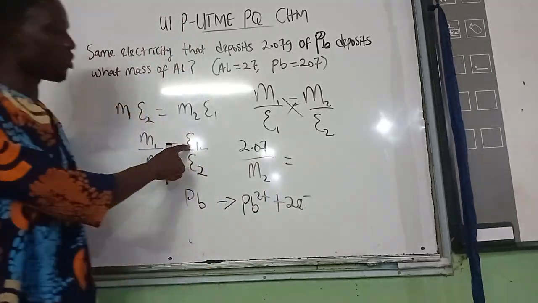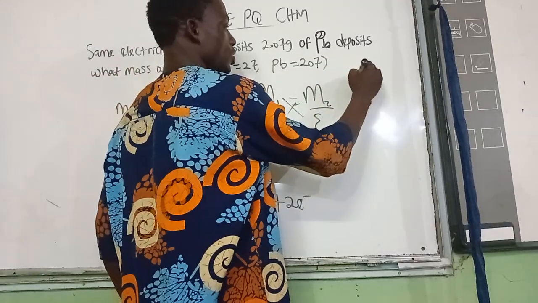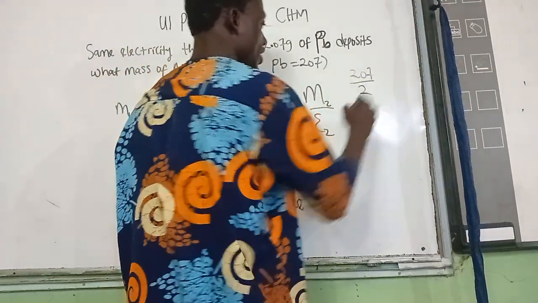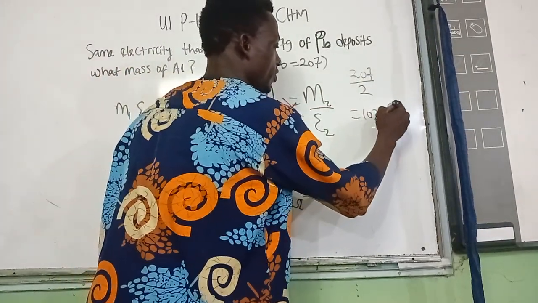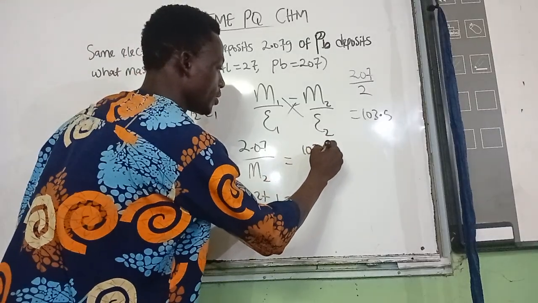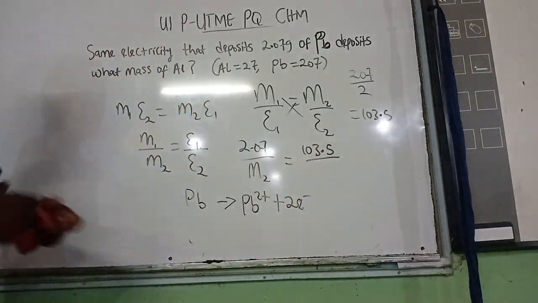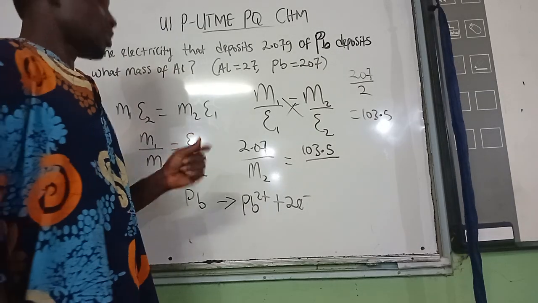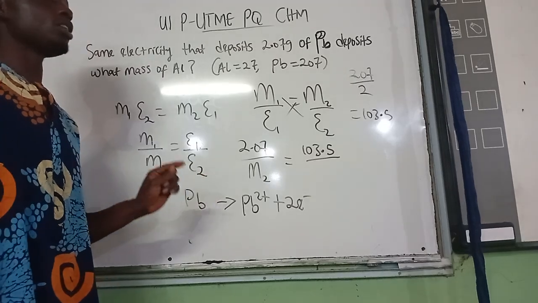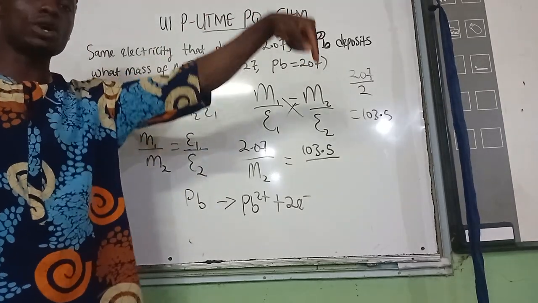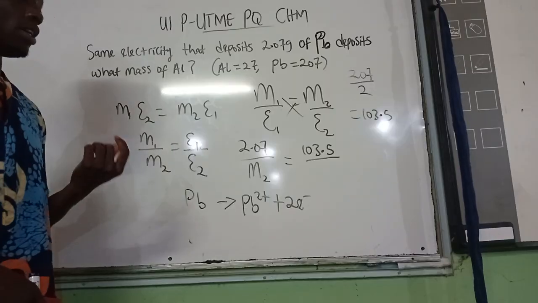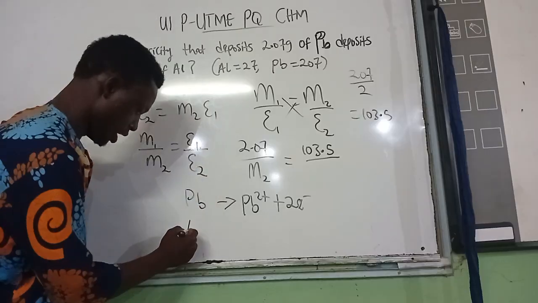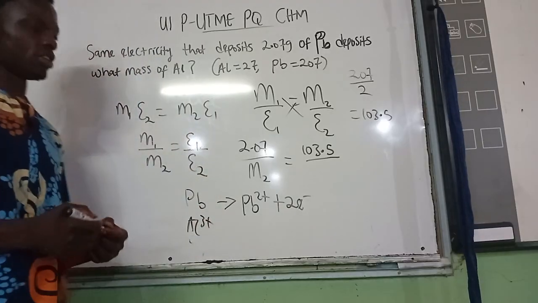So to get the electrochemical equivalent of lead, we have the atomic mass of lead, 207, divided by its valency, 2, and that's 103.5. Put it here. Now for aluminium, the electrochemical equivalent is the atomic mass of aluminium divided by the valency of aluminium. The valency of aluminium is 3 plus, Al3+.